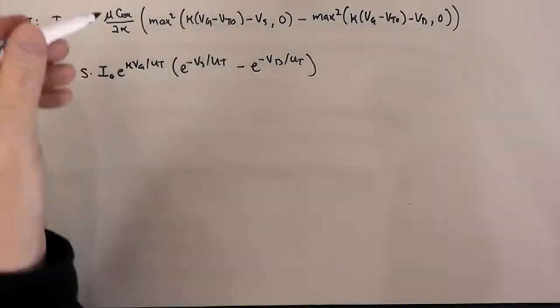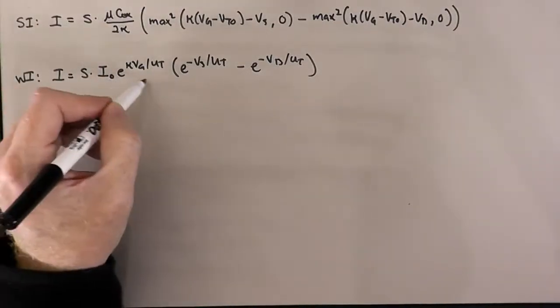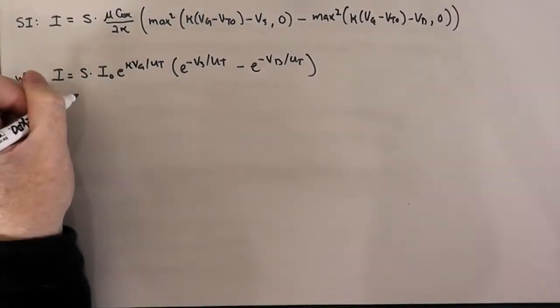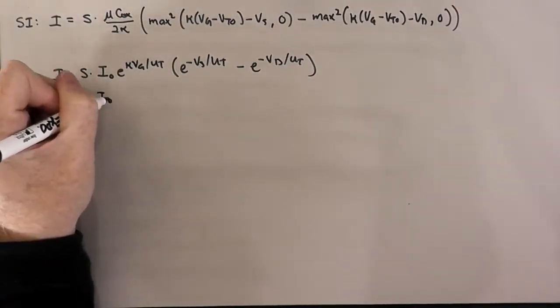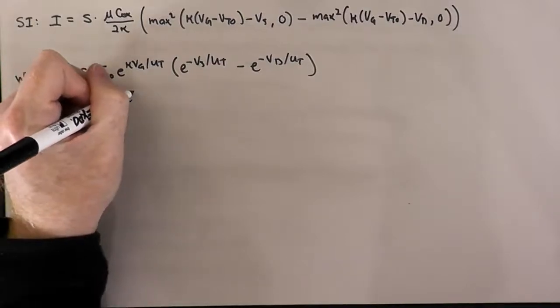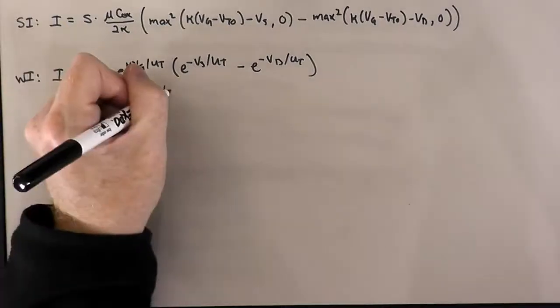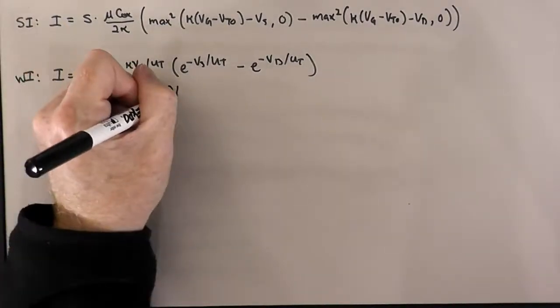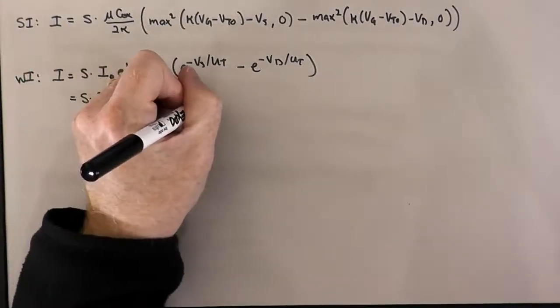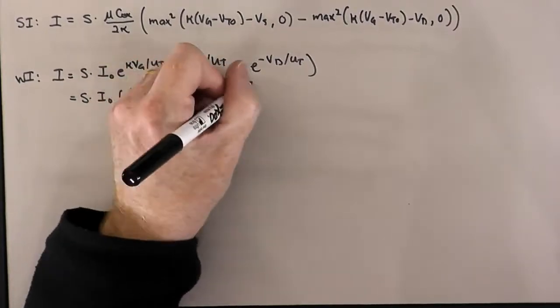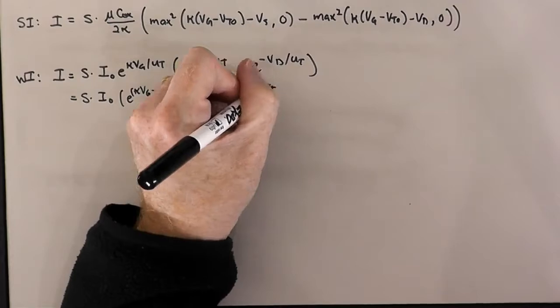We can even take this e to the kappa Vg over Ut term and distribute it through the parentheses and write this as S times I0, and then e to the kappa Vg minus Vs over Ut minus e to the kappa Vg minus Vd over Ut.